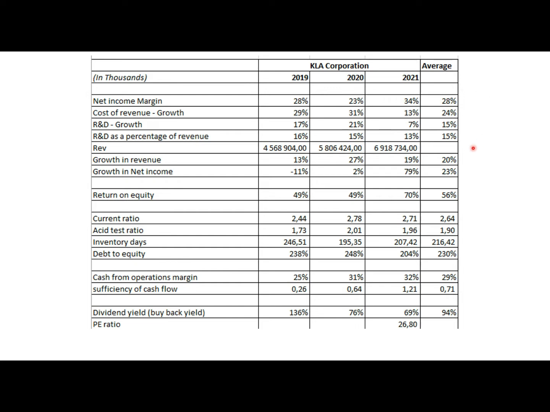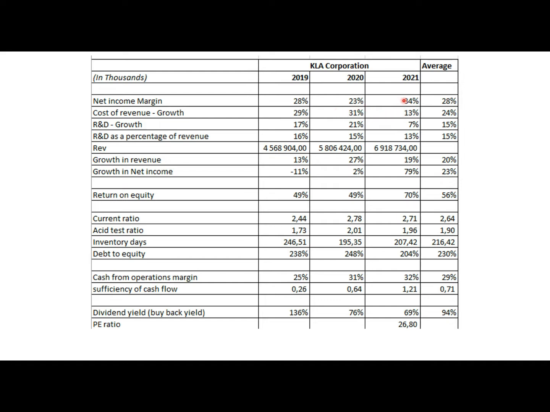All right. Now the rebound was in main part caused by a number of factors. Number one, there was a reduction in cost of revenue. You look at cost of revenue growth, it's actually been increasing, but at a downward trend. Massive explosion here, but it was cut a bit. Again, that to me signifies a company that realized, well, we're spending way more than we need to.